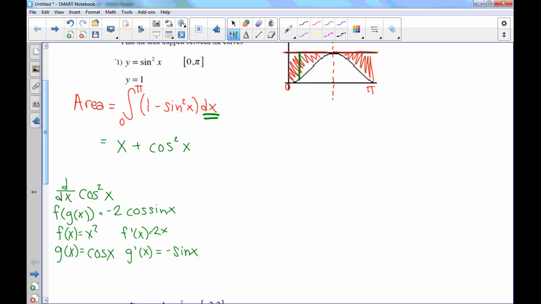How do we integrate sine squared? Okay, so rewrite it. Sine x all squared dx. Then what?